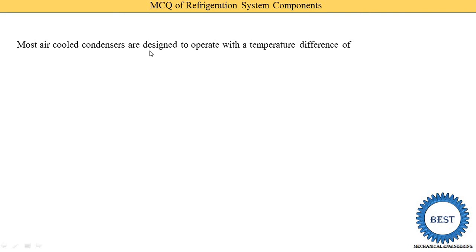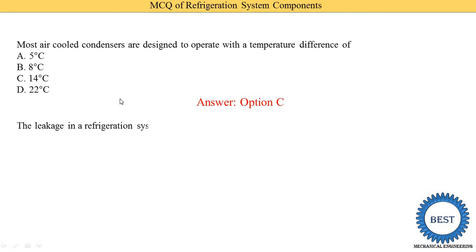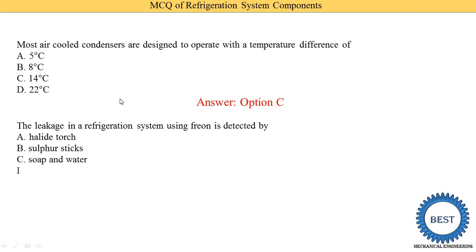Most air-cooled condensers are designed to operate with a temperature difference of 5 degrees, 8 degrees, 14 degrees, or 20 degrees. So option C is correct, that is 14 degrees centigrade. The leakage in a refrigeration system using freon is detected by halide torch, sulfur sticks, soap and water, or all of these.